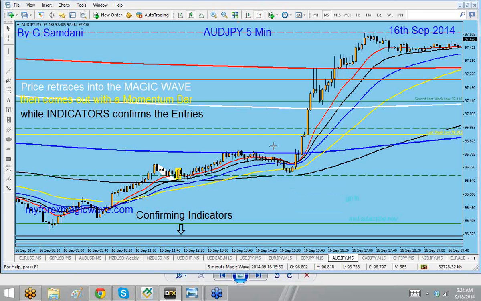For example, if you take this entry, 96.85, then you go all the way up to 97.50, right? So 65 pips. So now you lost here, let's say, 15 pips, then you make 65 pips, and you're still up 50 pips, right?